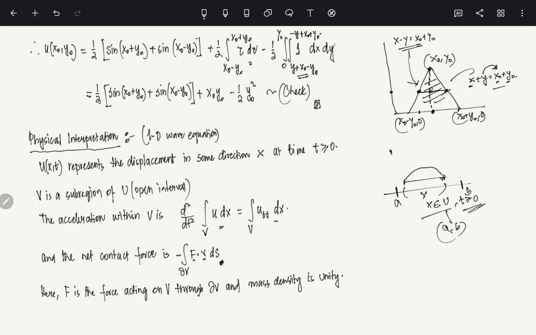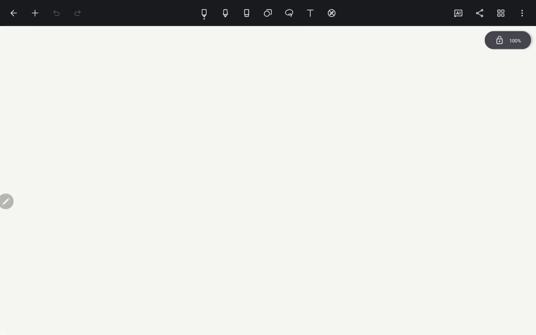So it means Newton's law will give us that the integral over V of u_tt dx equals the integral over del V of F dot gamma ds. The mass density is 1, so mass times acceleration is the net force. We are assuming mass to be unity. Of course, if it is not, this will be some constant times it, but let's forget about that part.